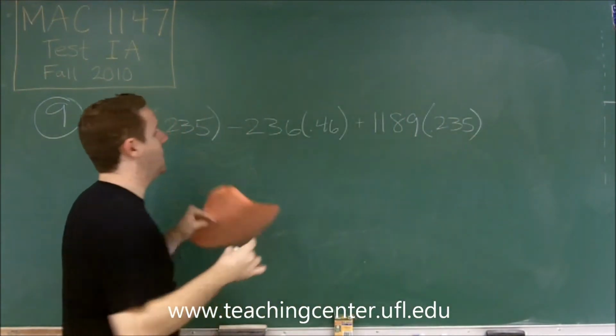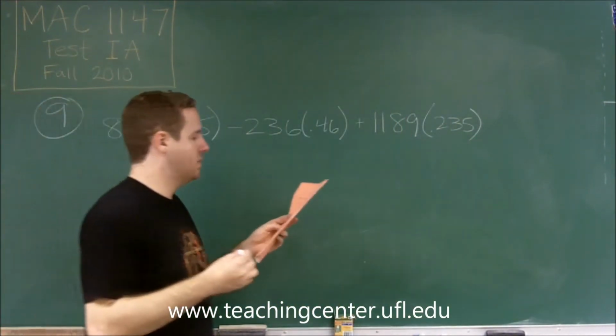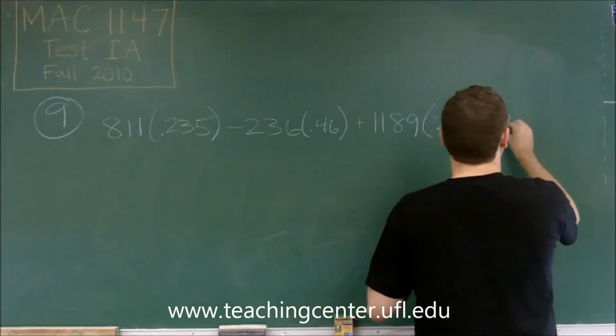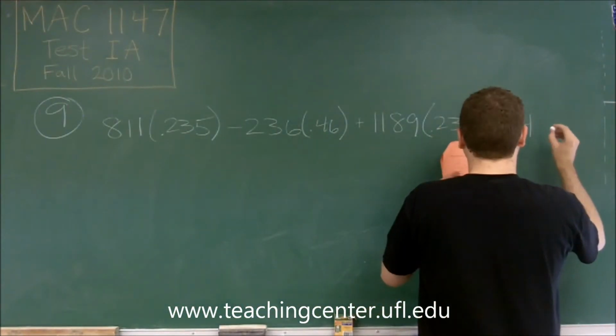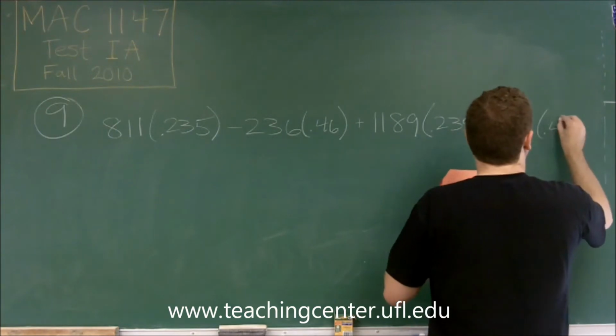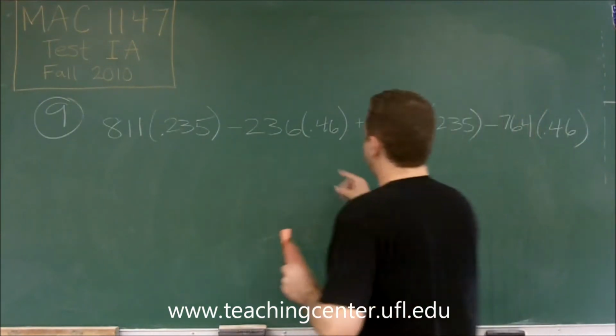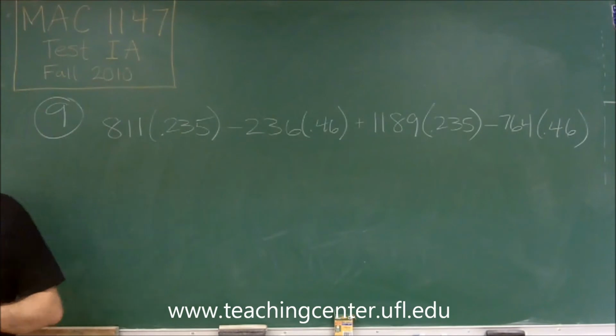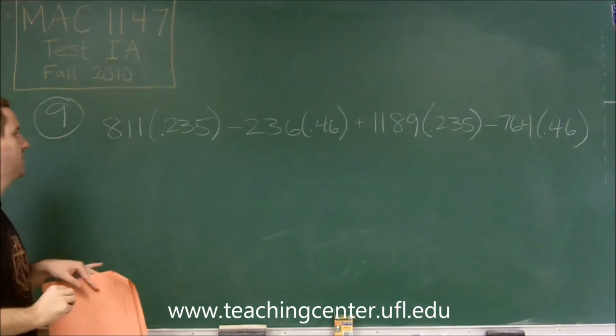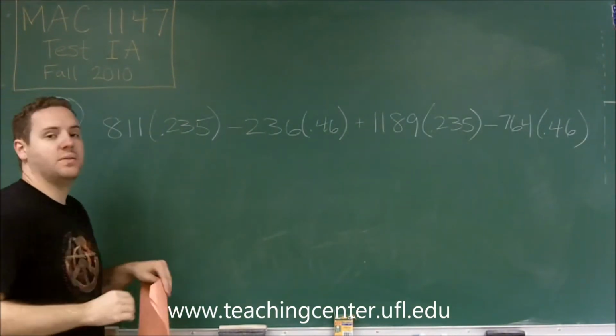That's the same number that we had over here. And minus 764 times 0.46. 0.46 is the same number we had here. So we can group these together by factoring out the common element.